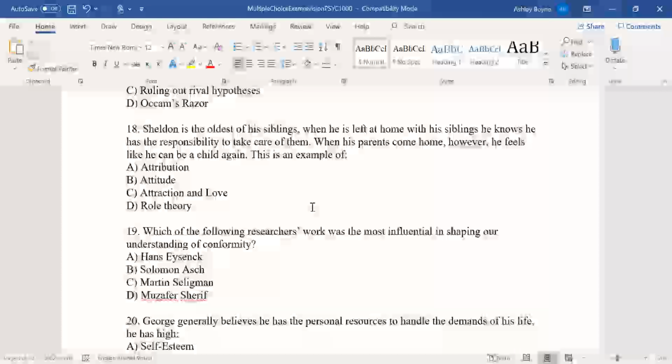Okay, so number 16. Kurt Lewin realized that A, being a soldier results in PTSD, B, situational factors are not important in explaining behavior, C, interaction places too much emphasis on situational factors, or D, one's perception of the world is influenced by what they have to do with the situation.